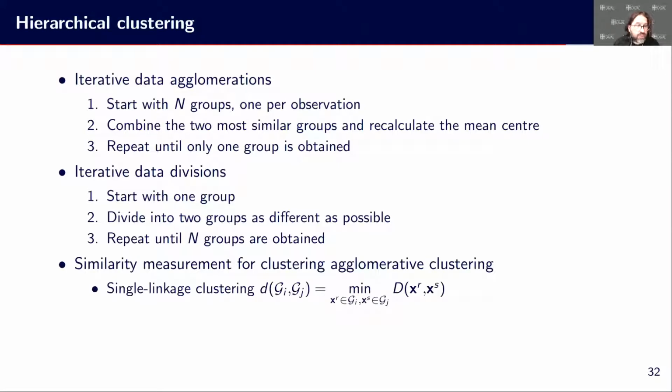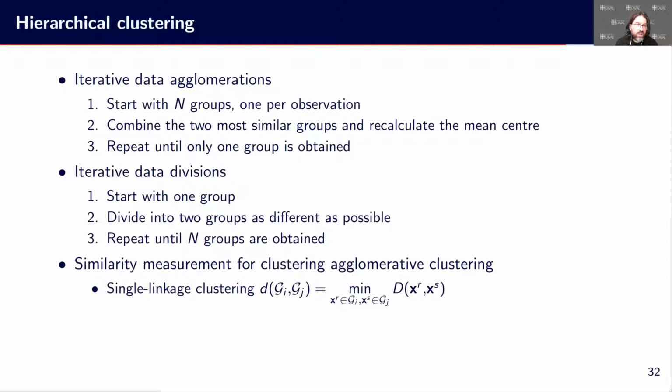And for achieving this, we need some kind of similarity measurement between groups, not just between single samples. This is a little more tricky, but we can use things like single linkage clustering. Basically, we look at all the pairs of samples between two groups, GI and GJ. For every combination of one sample from GI with one sample from GJ, what is the distance?